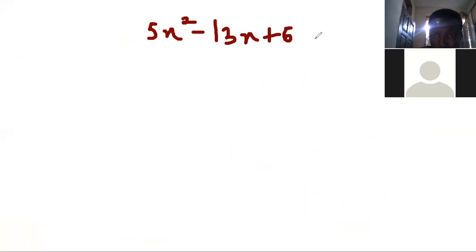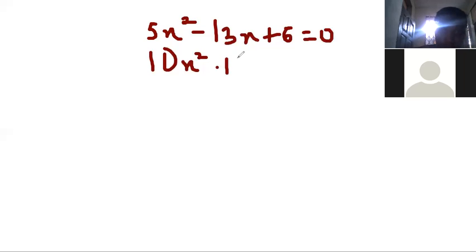The first one is 5x squared minus 13x plus 6 is equal to 0. For the factorization, next time you take your time and go through all the various factorization formats, so that when you get any question about factorization, you can do it. The factorization is very simple if you can do it.